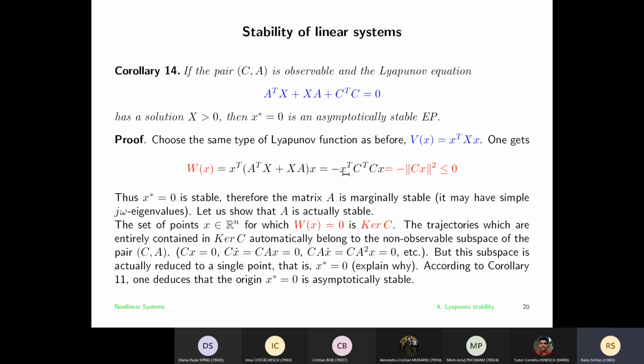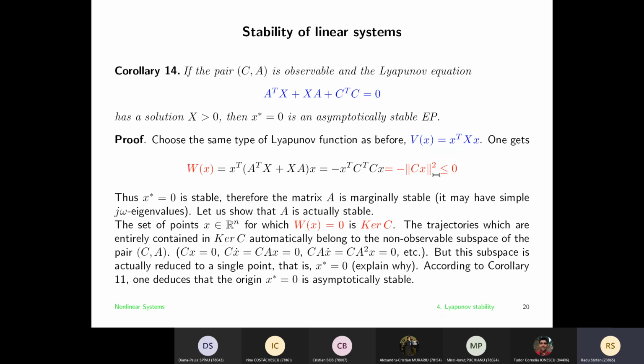This is the norm squared, the sum of the squared components of the vector. So it's minus the norm of the vector squared, and this is always lower or equal to 0. But it's not strictly lower than 0. So we cannot assert the negativity of W, but the non-positivity.